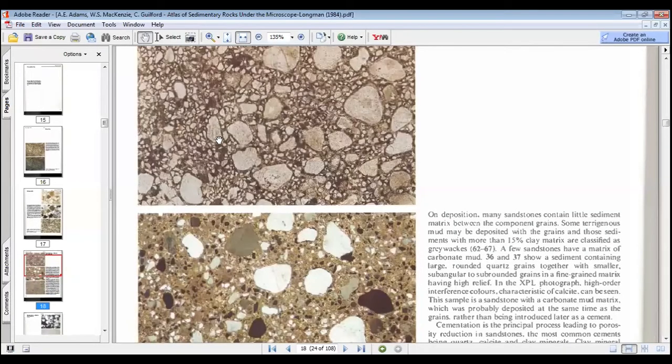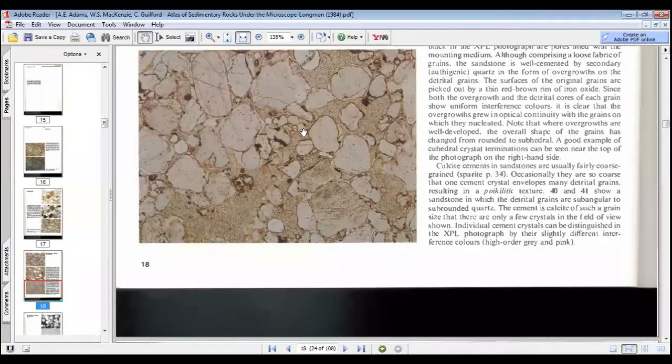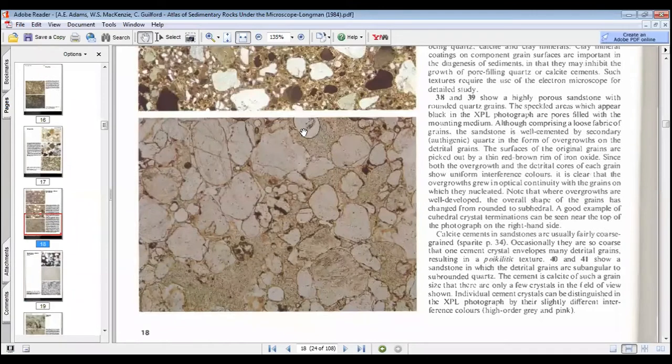Here we have a sandstone with some cements, and you can see a very different type of cement. This is a quartz grain, and if you look at it closely, you will see a rim on top of it, that is actually the quartz overgrowth cement.